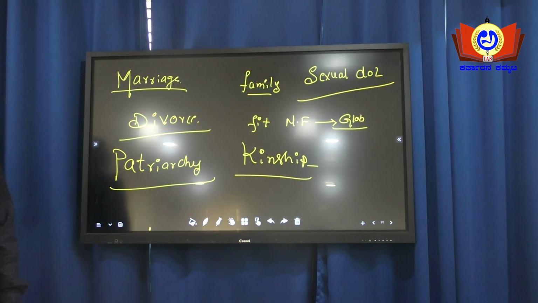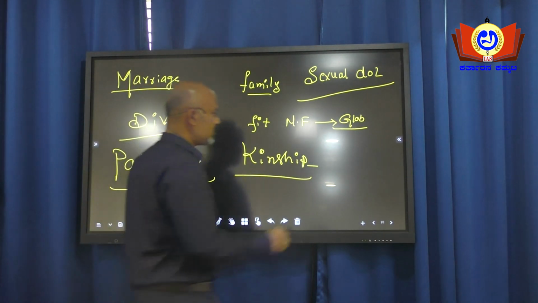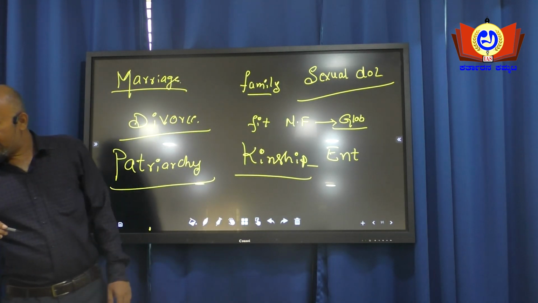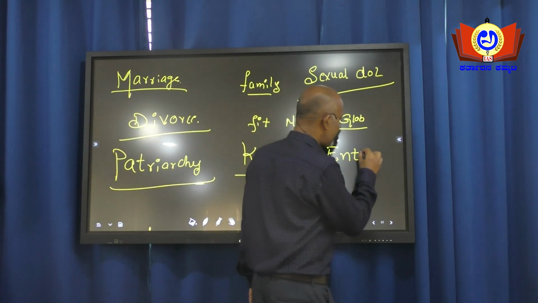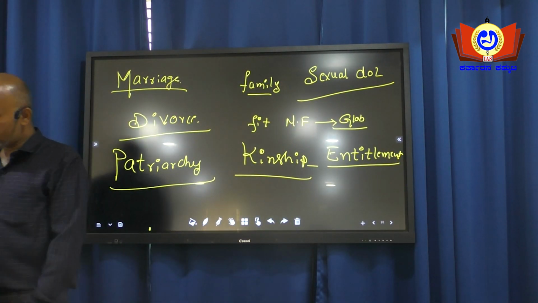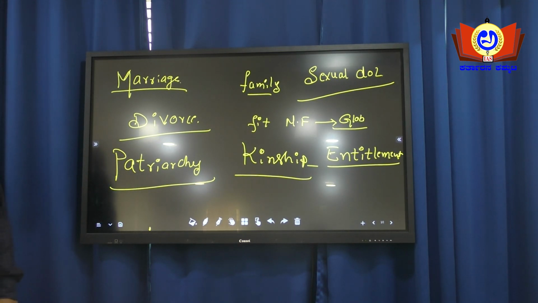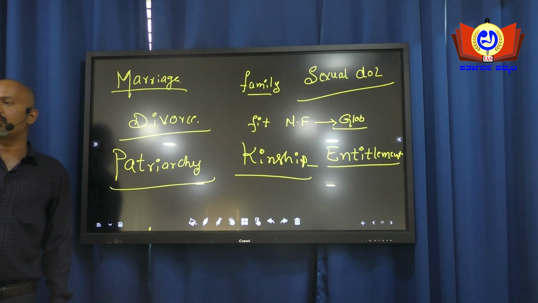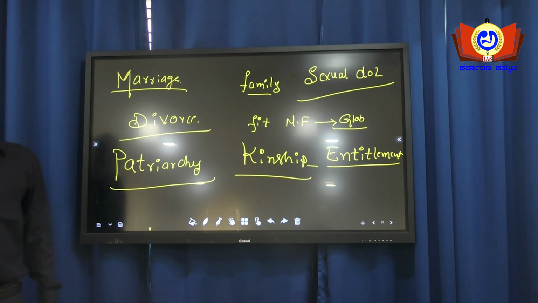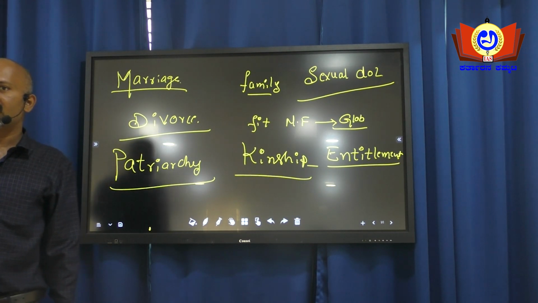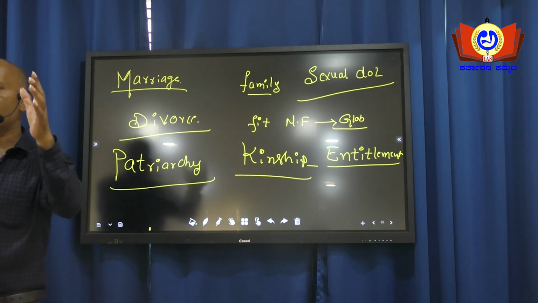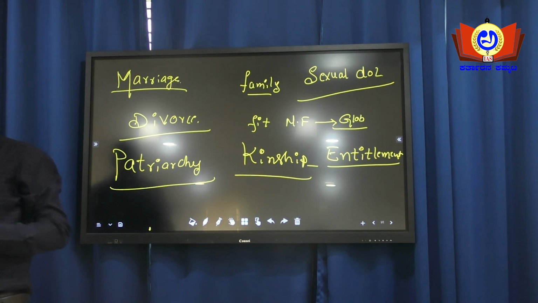And then the concept of entitlement. Okay, these are the concepts. Entitlement means how property is going to be transferred from one to another in a family. How, if the father has certain property, that property is divided between son and daughter in the family.